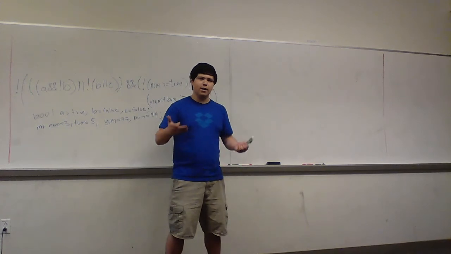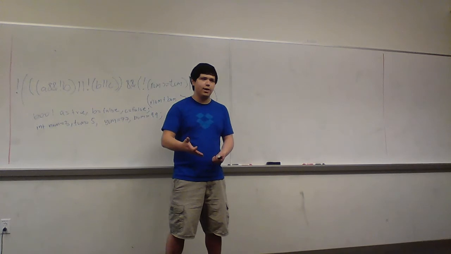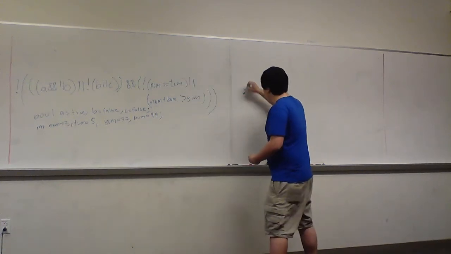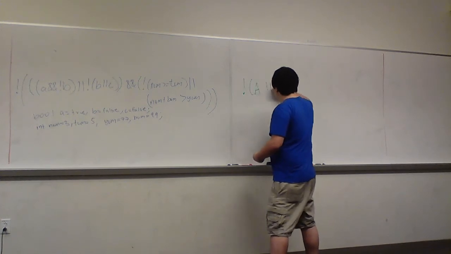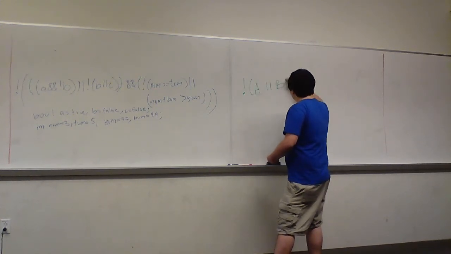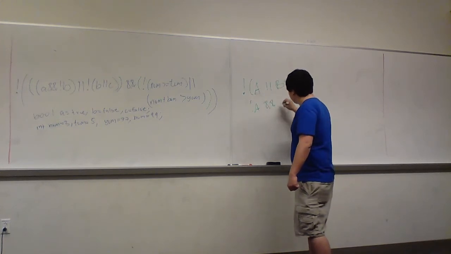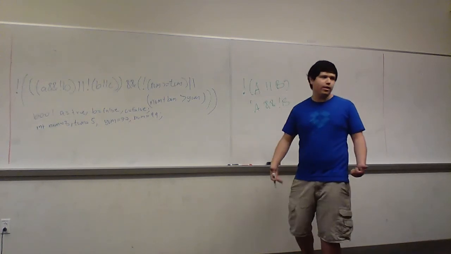When I have a negation in front of a conditional, it negates all the operators and all the operands of that conditional. So if I have not (A or B), this becomes not A and not B, right?